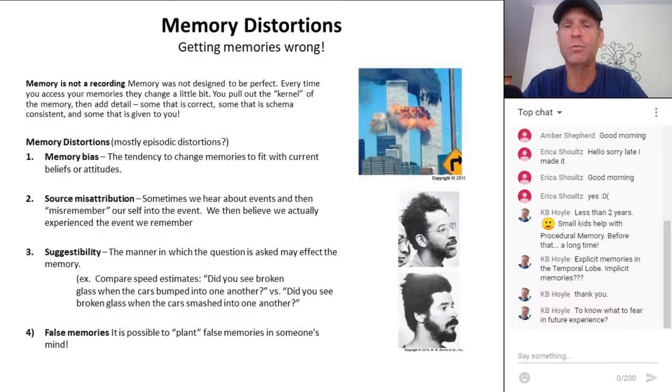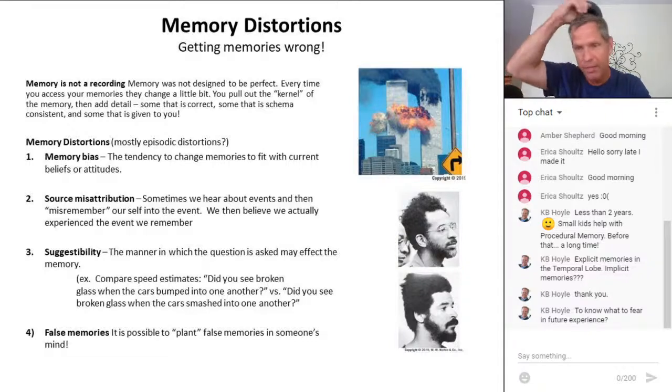And she has shown 2 things. She's shown that memories are very suggestible and very flexible, and you can easily change them if you ask the right kinds of questions. And she even discovered that it's possible to put completely false memories into a person's brain. So let's talk about her 2 studies.